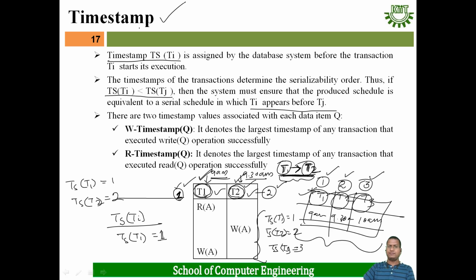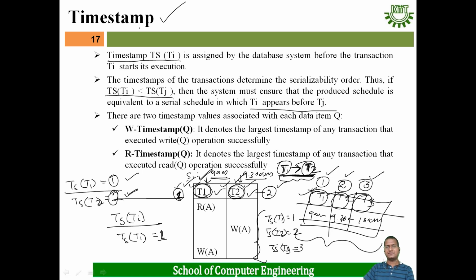There are two timestamp values associated with each data item. For each transaction, one timestamp is associated. Suppose this is your schedule S1, and for schedule S1, two transactions T1 and T2 are there. Then one timestamp is associated with transaction T1, another timestamp is associated with transaction T2.